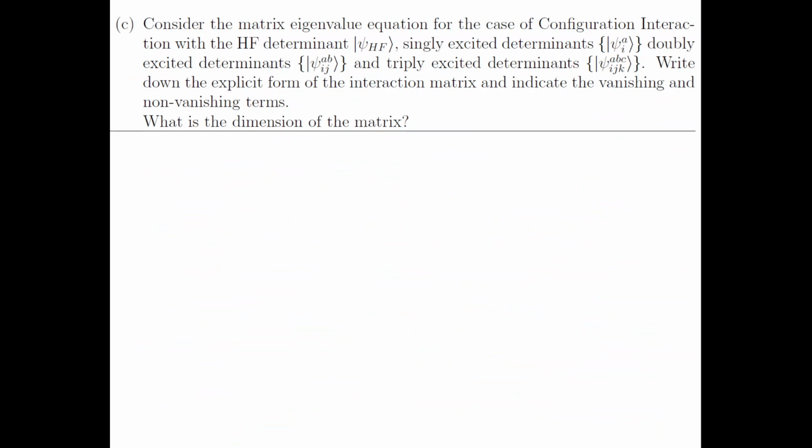So now you can see this problem, but we'll solve it later after discussing electron correlation from the slides. Here it is mentioned to consider the matrix eigenvalue equation for configuration interaction with the Hartree-Fock determinant psi h and singly excited determinant psi a, doubly excited and triply excited determinants.